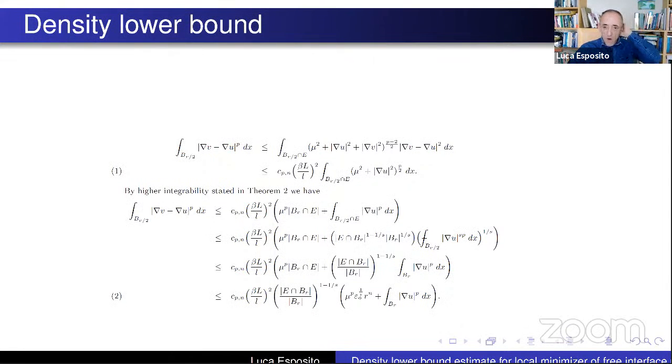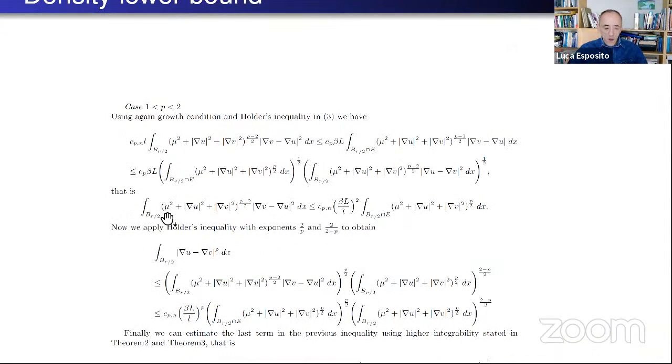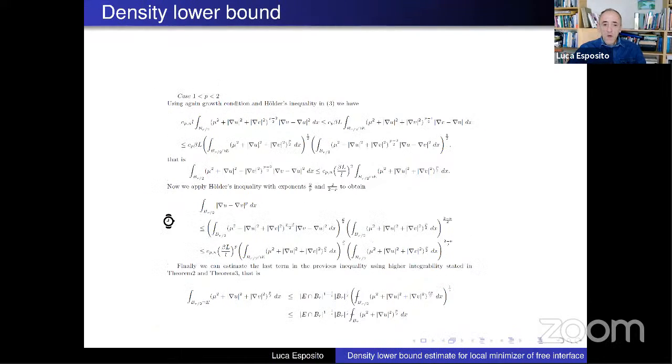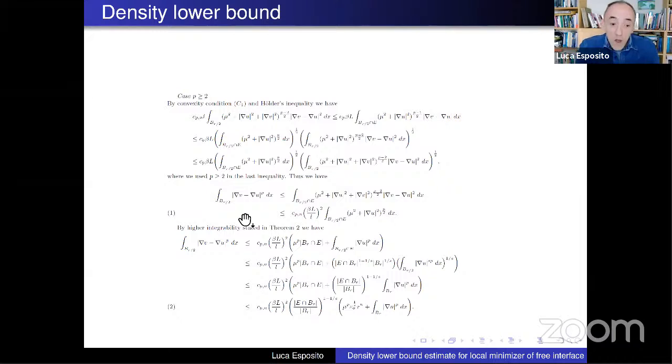And so you inherit the same regularity of V. V is a minimizer of the p-Laplacian, and so you decay in a good manner. There are some technicalities, but if you want, you can look at the proof.